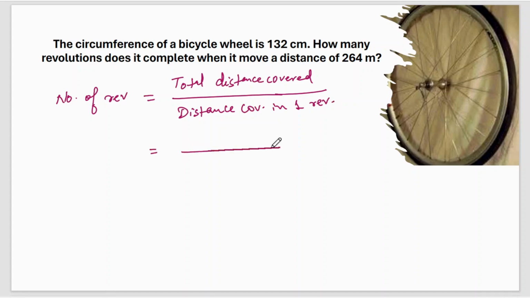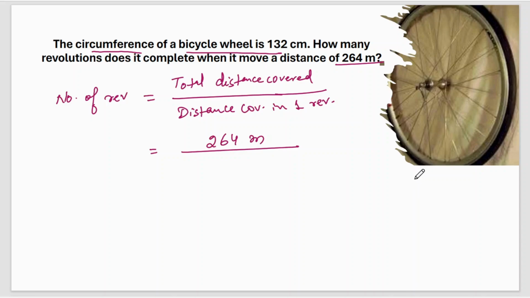Now what is the total distance covered? It has been given that it is 264 meter. And they have also given the circumference of the wheel in centimeter, which is 132 centimeter.